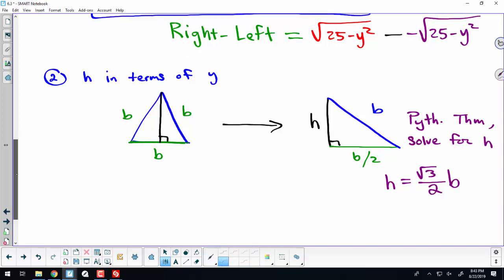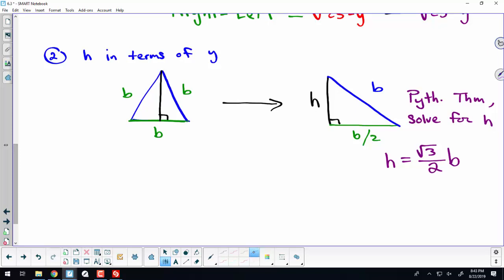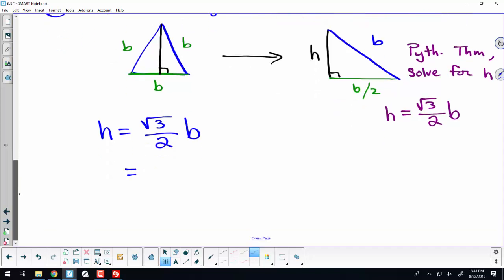Okay. So since we now know that h is root 3 over 2 times the base, and we already know what the base is in terms of y, therefore we can put h in terms of y as well. So that's root 3 over 2, let me write this in a different color, times the base.